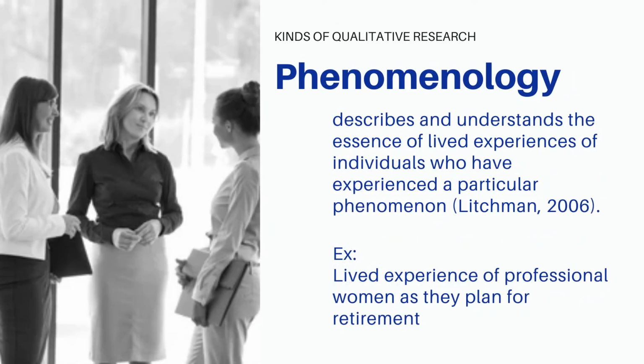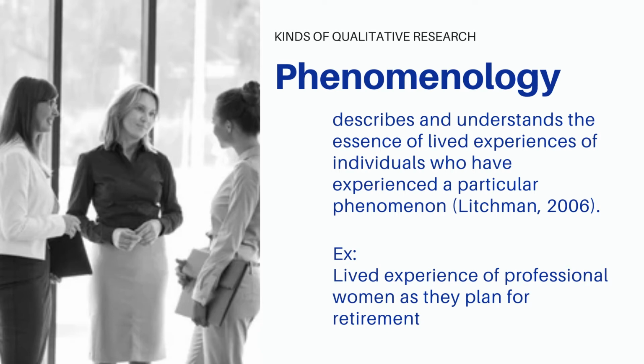Third is phenomenology. It describes and understands the essence of lived experiences of individuals who have experienced a particular phenomenon. Usually, the data gathering method here is observation and a semi-structured interview. For example, the title of your study is Lived Experience of Professional Women as They Plan for Retirement.